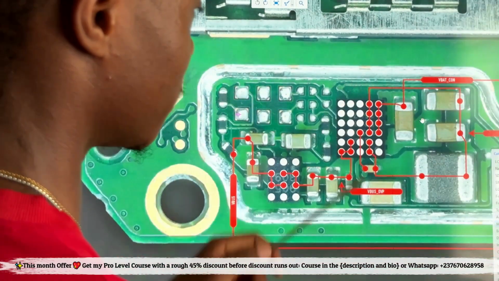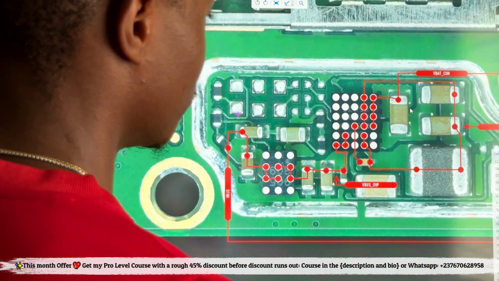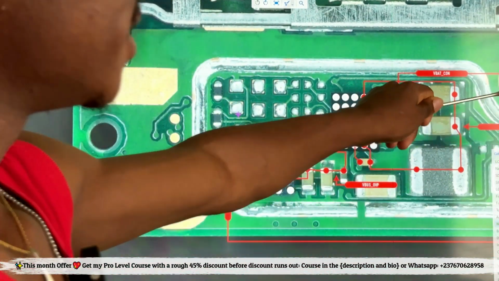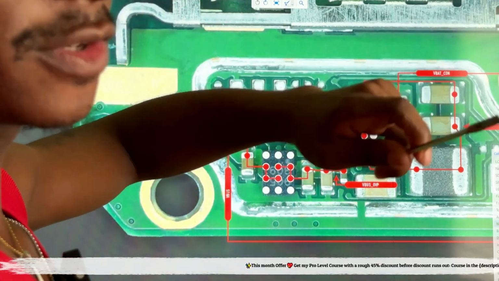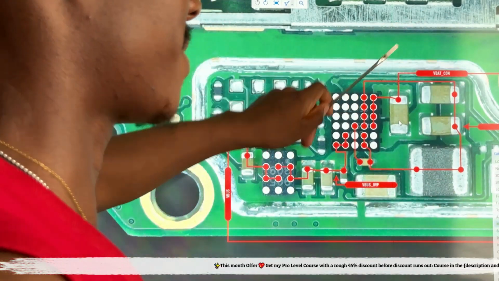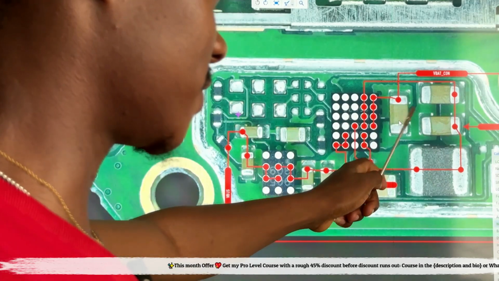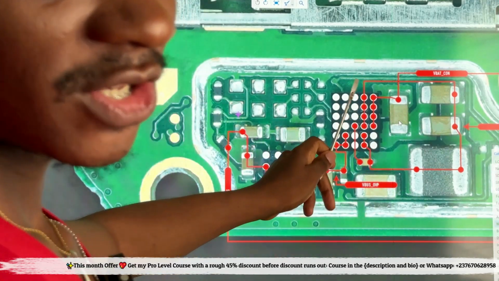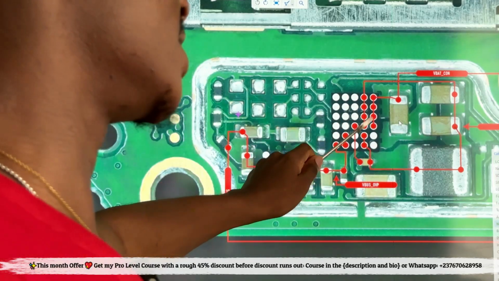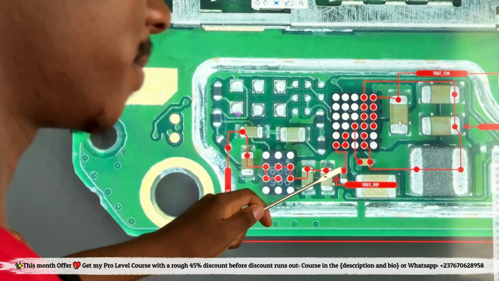I'm going to explain this, don't get confused. This line that comes in from this section is the VBAT line, the VBAT voltage coming directly from the battery. It gets to this capacitor and it gets to this IC. So this IC is the charging IC of this mobile phone.